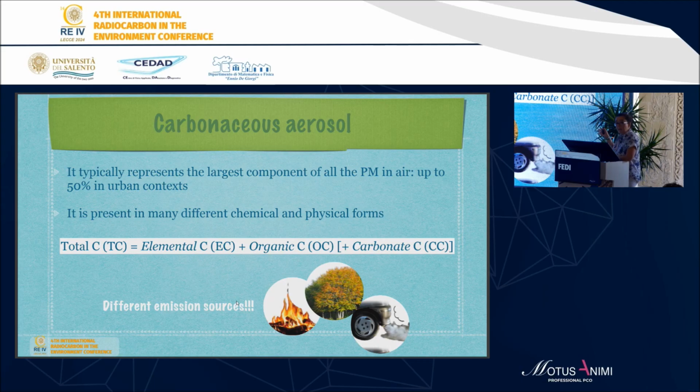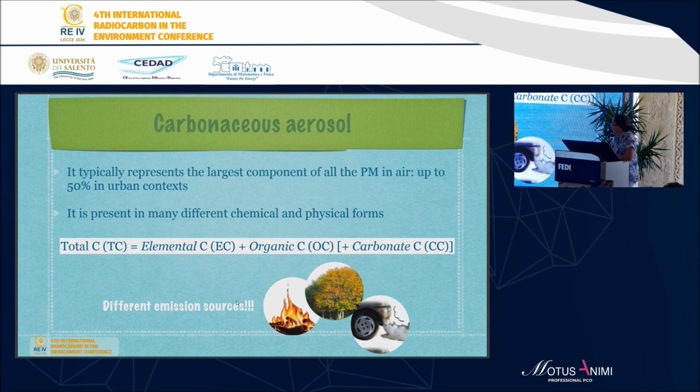The two types of carbon are different with respect to their optical and thermal properties, which means that, of course, the elemental carbon, which is also called black carbon, is very powerful in absorbing light. As for the different thermal properties, typically organic carbon evolves at lower temperature with respect to elemental carbon.